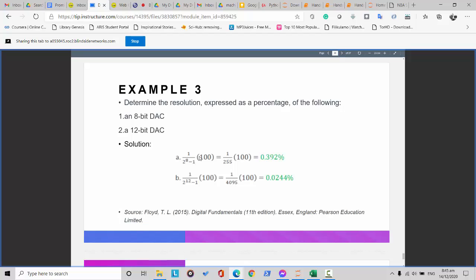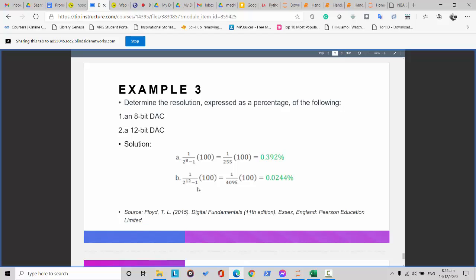So 2 raised to 8 is 256, minus 1, that will be 255. And 2 raised to 12 is 4096, minus 1, that will be 4095. So the percentages are the following. You can see here the resolution of the DAC is higher when we have fewer number of bits.